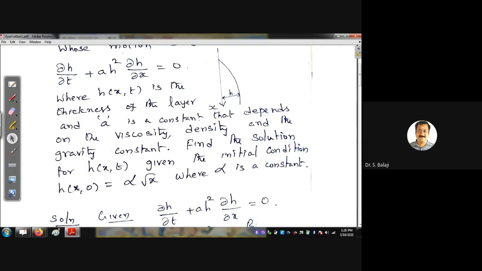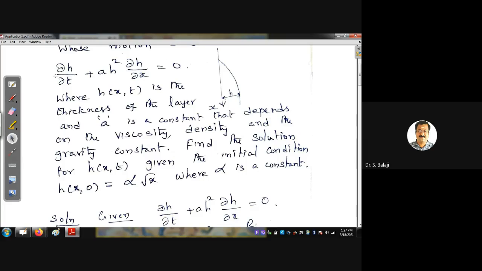That thickness depends on the viscosity of the liquid, the density, and the gravity, how fast it moves. So it depends on viscosity, density, and the gravity constant.